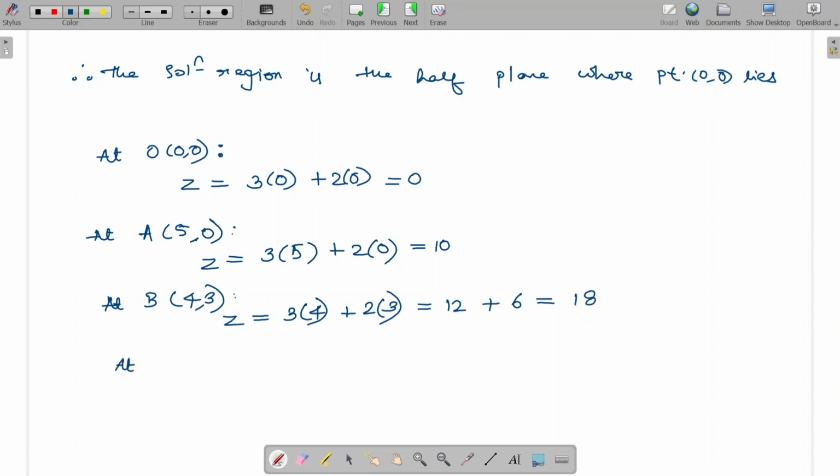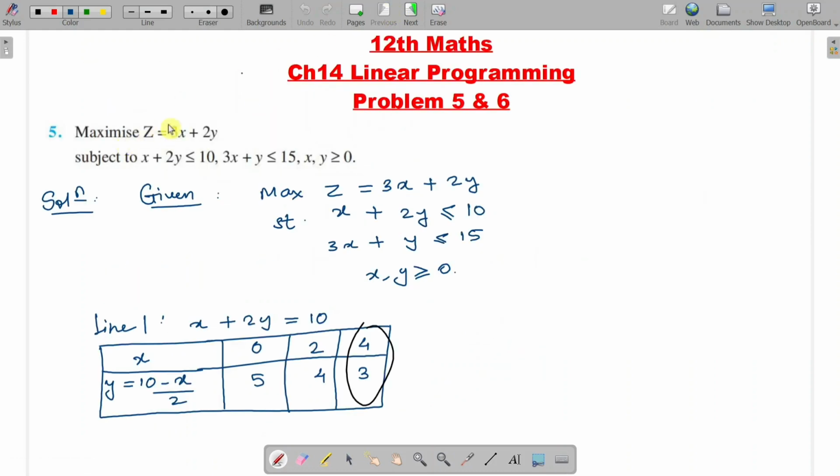Then at C, which is 0, 5, z is equal to 3 times 0 plus 2 times 5, so that means 10. So if you look at the maximum, you have to maximize.